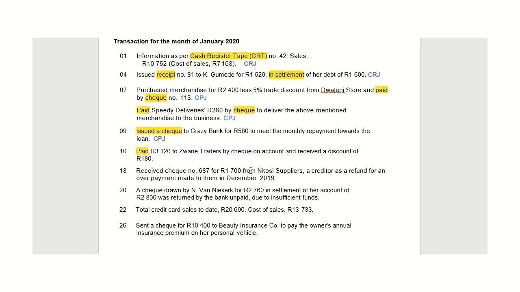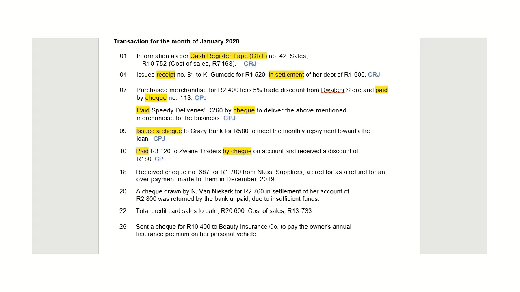Pay, another pay. Pay 3,120 to Zwane Traders by check, another keyword, and receive discount of 180. So for now, it is pay and by check, which means it is again a CPJ.